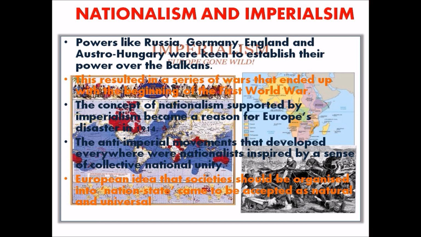At the end, the European ideas of nationalism were not seen being repeated anywhere, as people everywhere had their own concept of nationalism. But all these events and processes came up with the idea of organizing societies into nation states that were accepted as natural and universal. That's the end of the chapter, The Rise of Nationalism in Europe.